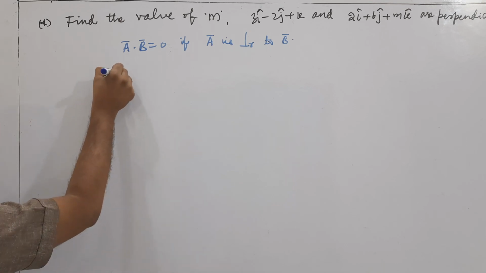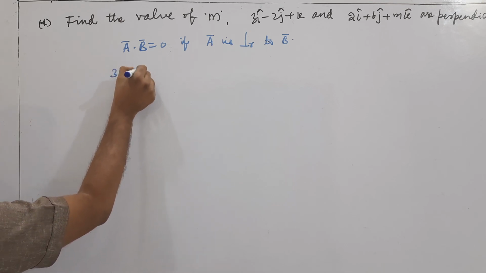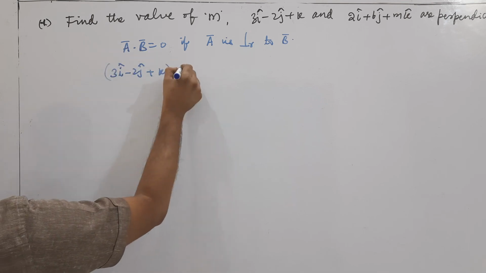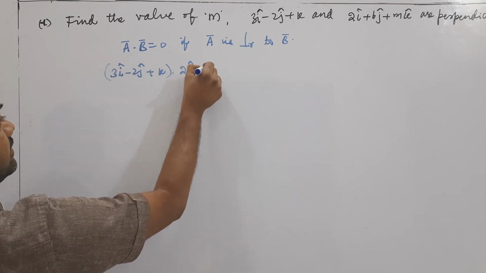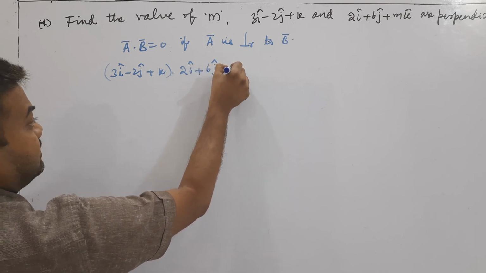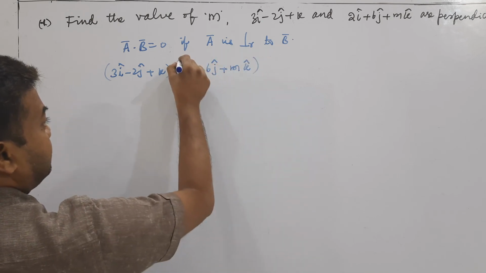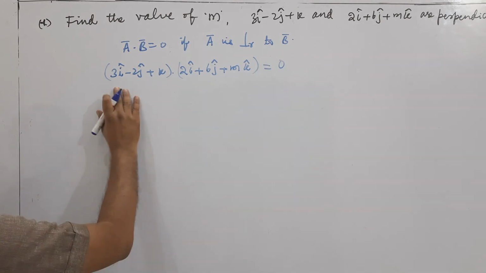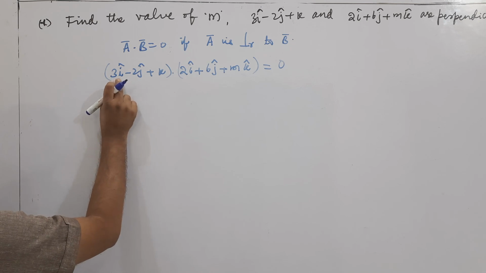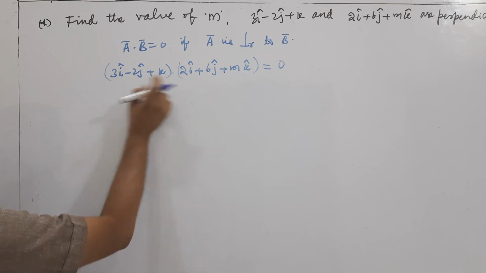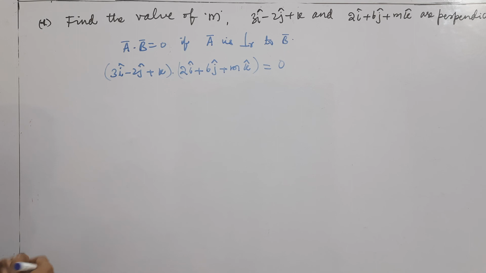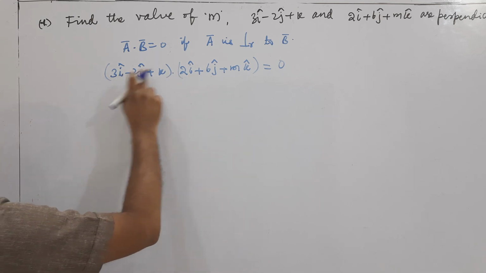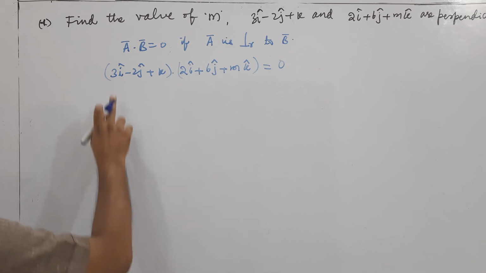That's why you write 3i minus 2j plus k dot 2i plus 6j plus mk is equal to 0. Simply multiply it, because only the like terms will have values. Remaining values will be 0, since i cap dot j cap or i cap dot k cap must be 0. That's why you can directly multiply it.